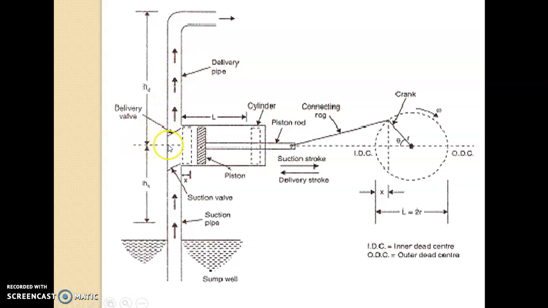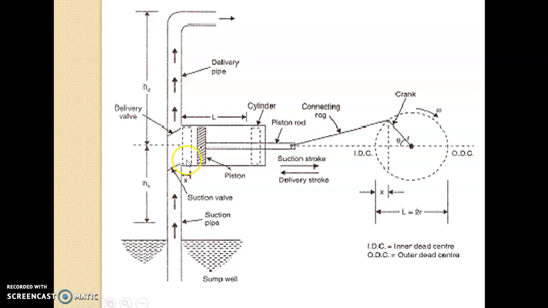From the middle of the pump, the distance to the level of the sump is called suction head, and from here to wherever it is delivered is called delivery head. It is denoted by H suffix D.